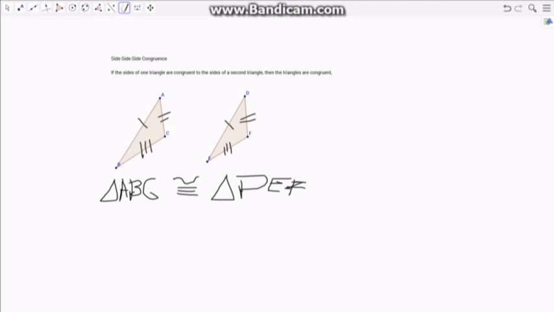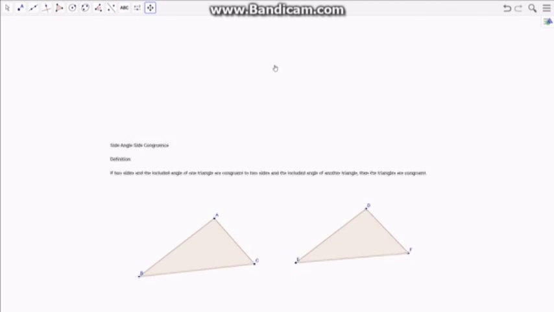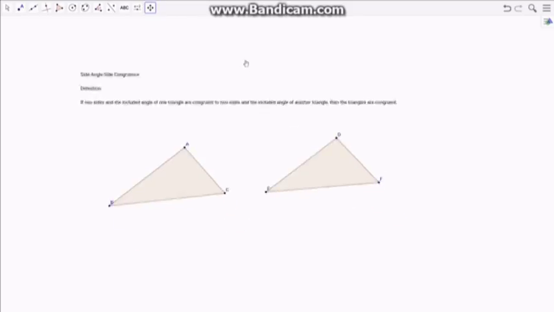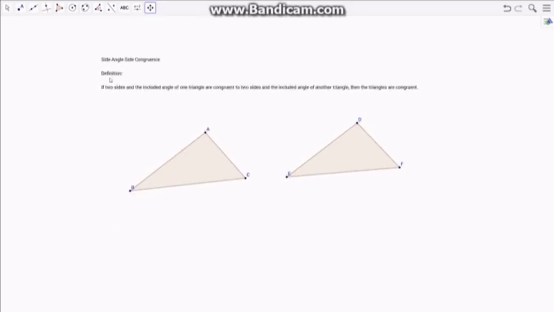Let's proceed to another theorem, side-angle-side congruence. If two sides and the included angle of one triangle are congruent to two sides and the included angle of another triangle, then the triangles are congruent. So let's label the two sides.